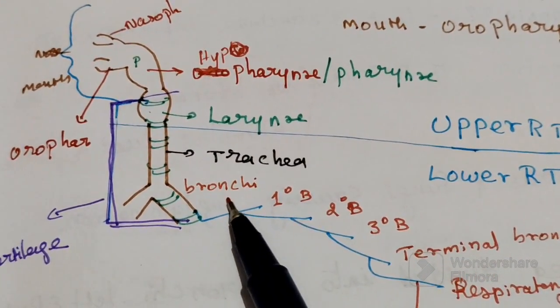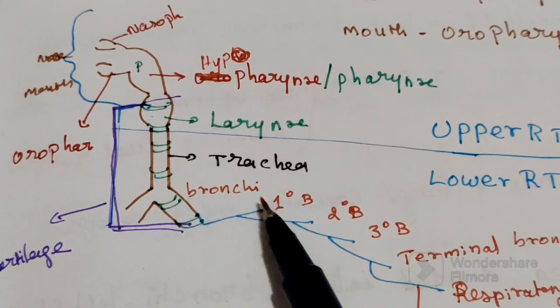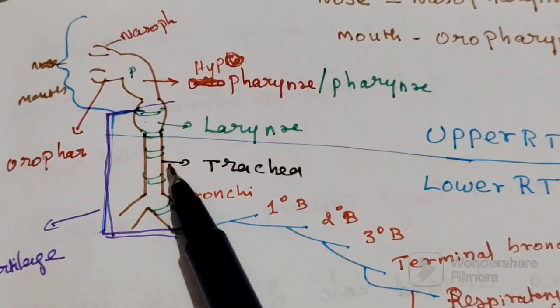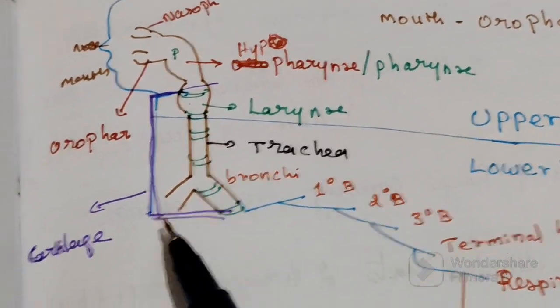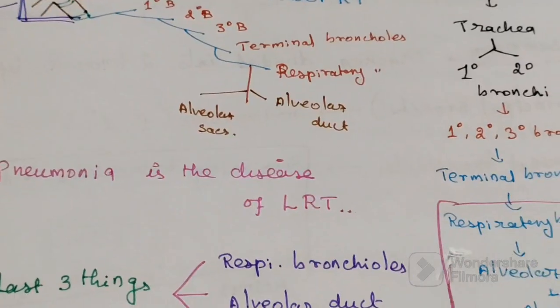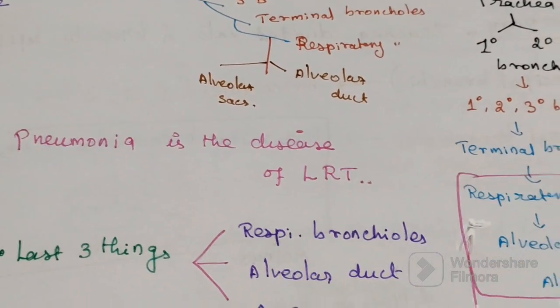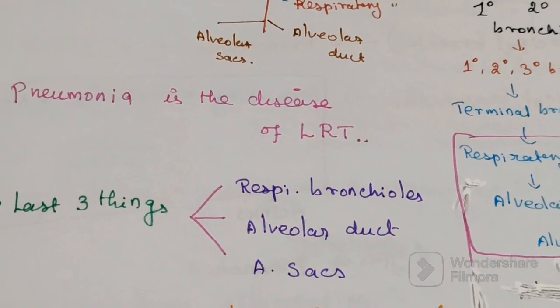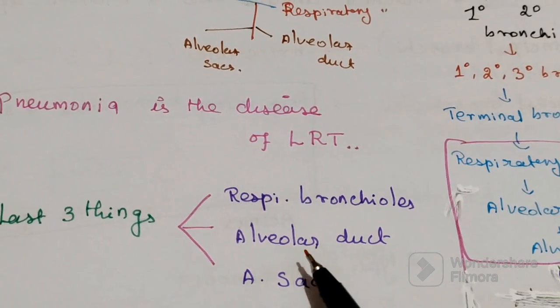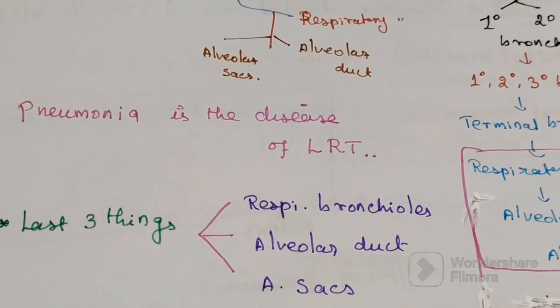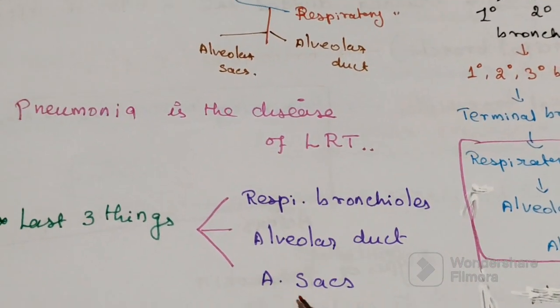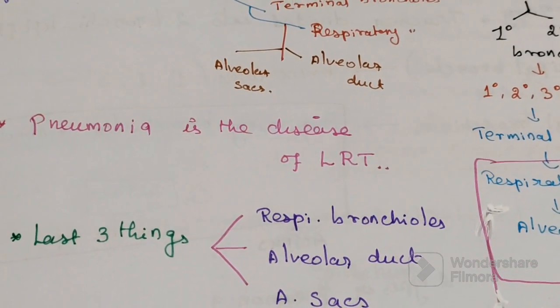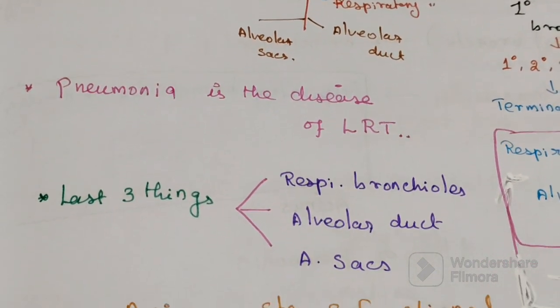So what is pneumonia? The last three structures having inflammation: respiratory bronchioles, alveolar duct and alveolar sac. When these three parts have inflammation, that is called pneumonia.